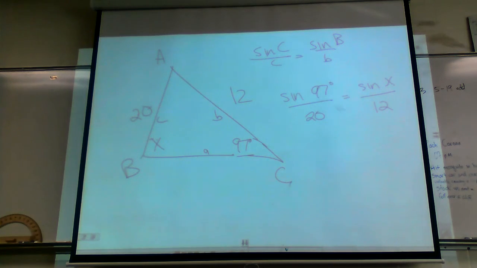Sine of 97 divided by 20 will give you a number. So what is the sine of 97 divided by 20, all in one shot? 0.0497.